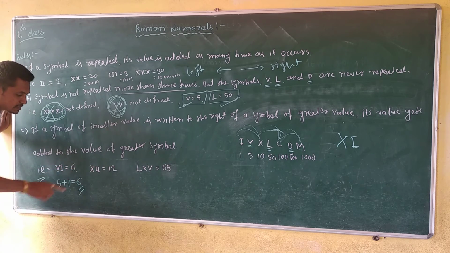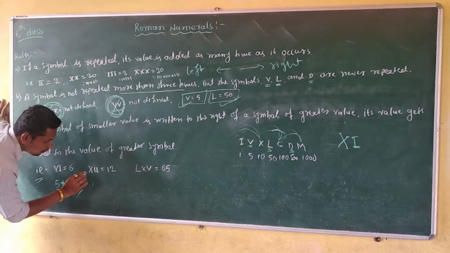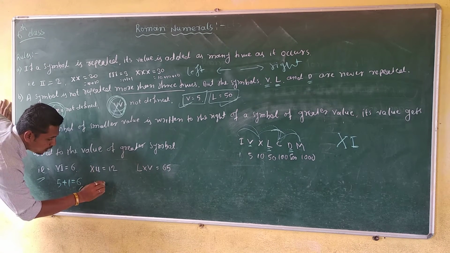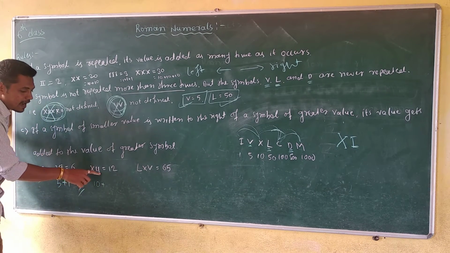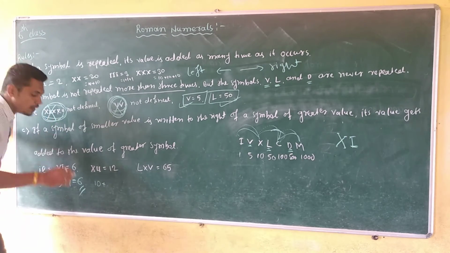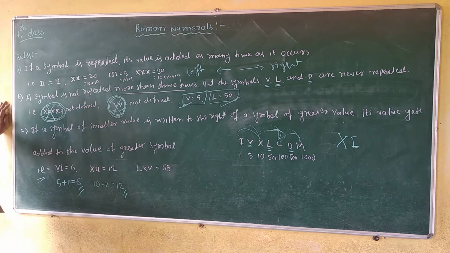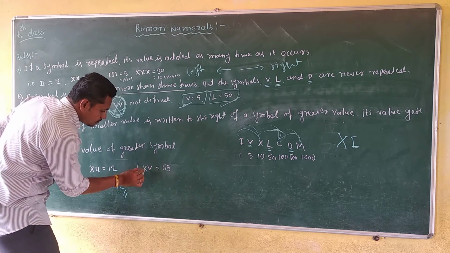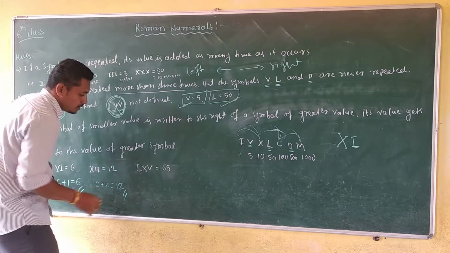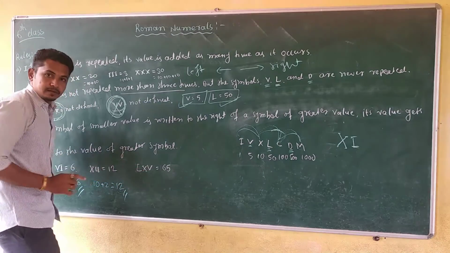Next, XII. The value of X is 10, plus I, I, so the value of II is 2. So 10 plus 2 is 12. Next, LXV.